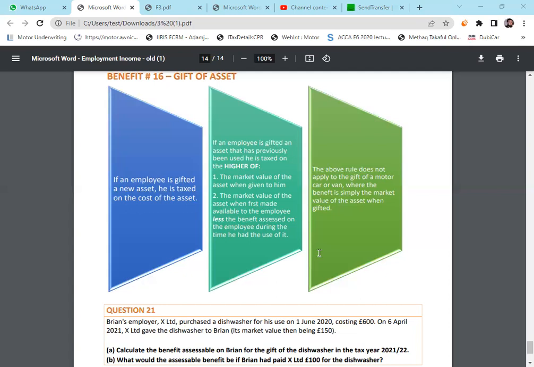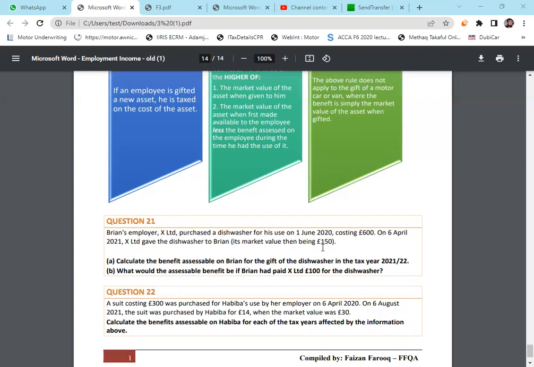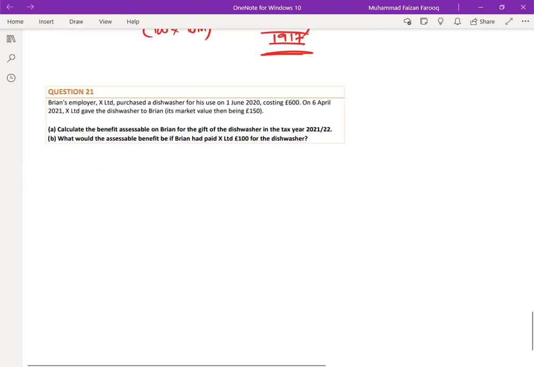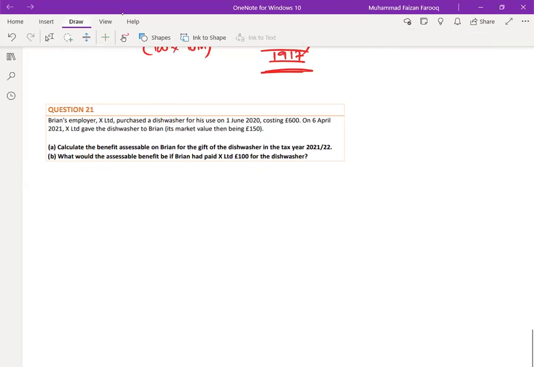Gift of asset is simply a benefit. In the case of gift of asset, we have to do two workings. All is mentioned in these three boxes, but we are going to discuss it with a small question. What is the format? There are two workings and we are going to take the higher of.